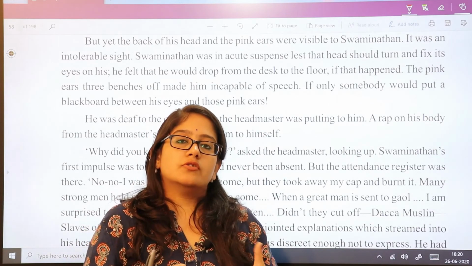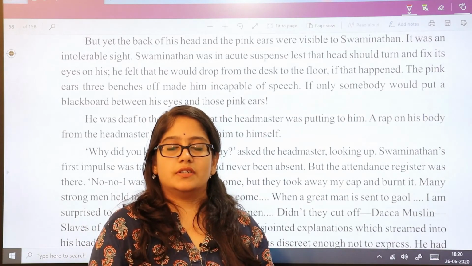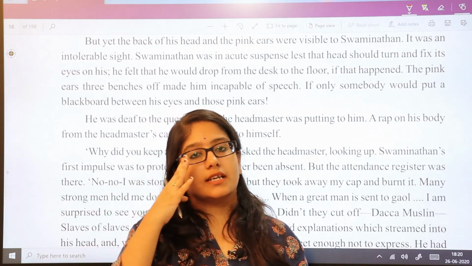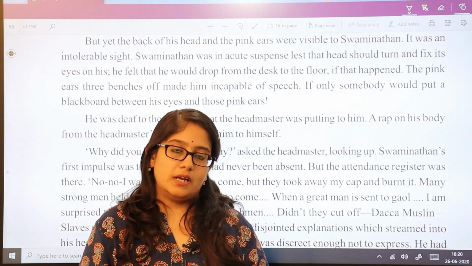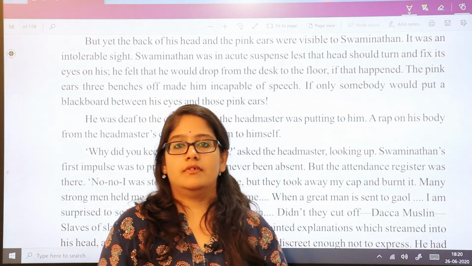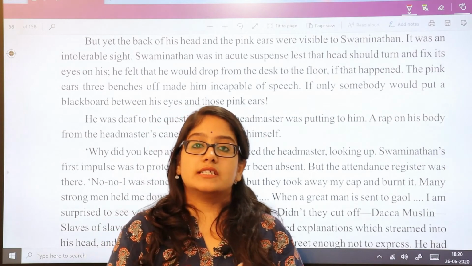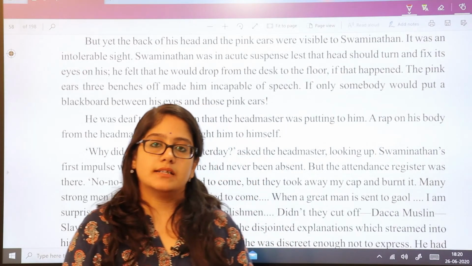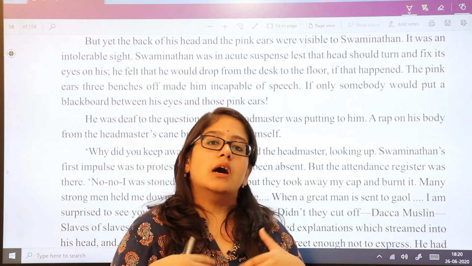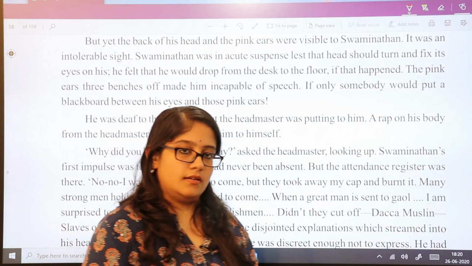He actually thought to call the headmaster the slave of the Englishmen. Don't you realize the Britishers cut the finger of the weavers in Bengal? You slave of Englishmen. He was about to say these to the headmaster, but he could not.